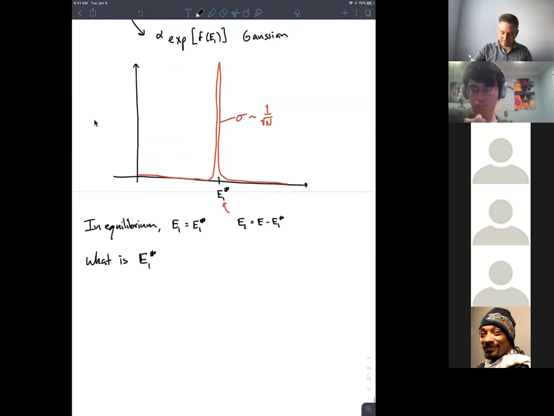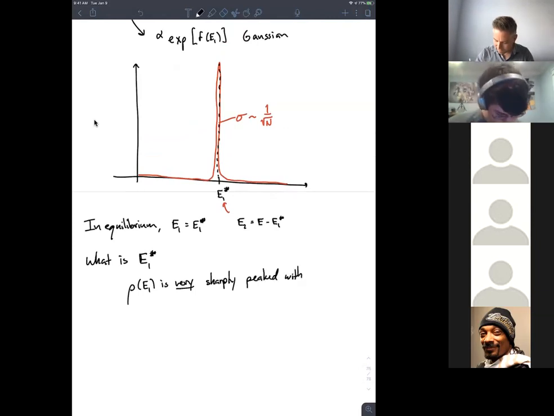Through this argument, our distribution rho of E1 is very sharply peaked with its maximum at E1 equals E1 star. So how do we find where the maximum of a function is? Derivatives.